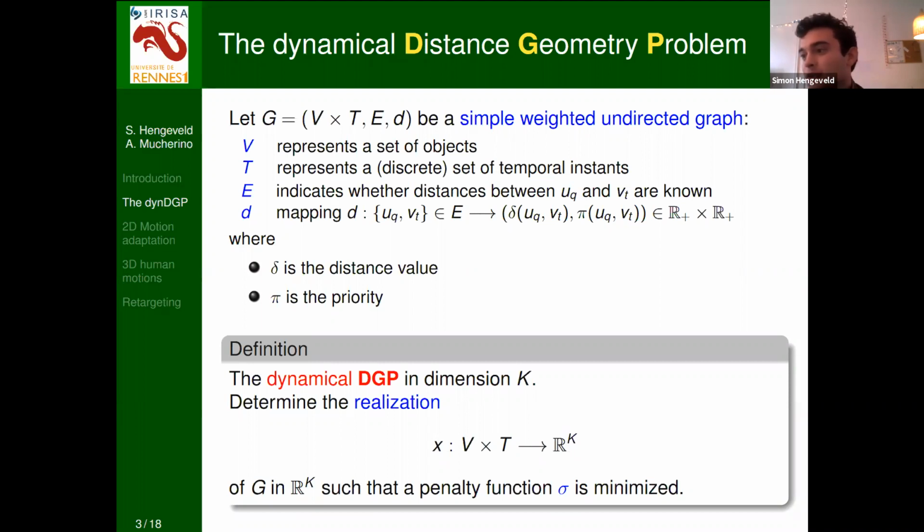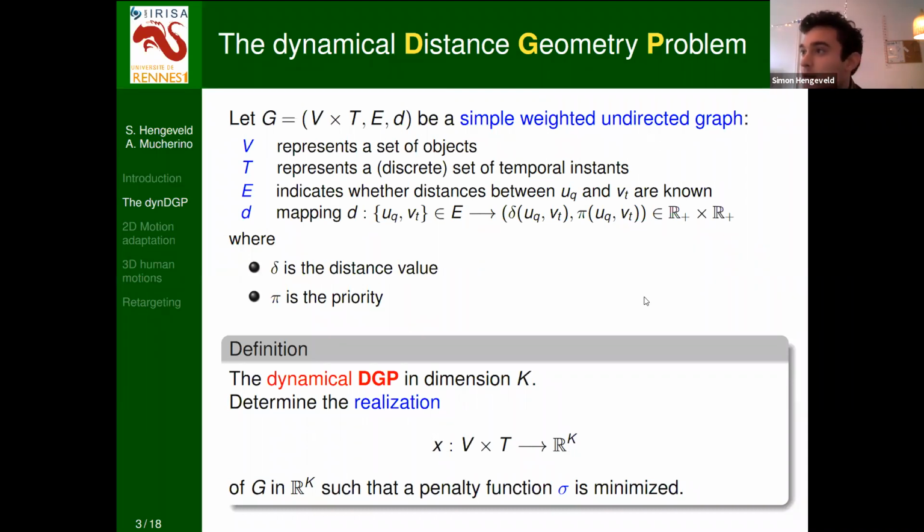The definition of the dynamical DGP in dimension K is that we're trying to find a realization in the same space K, such that the penalty function sigma is minimized.